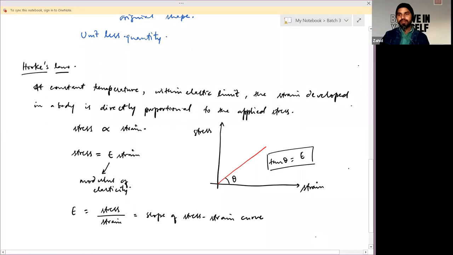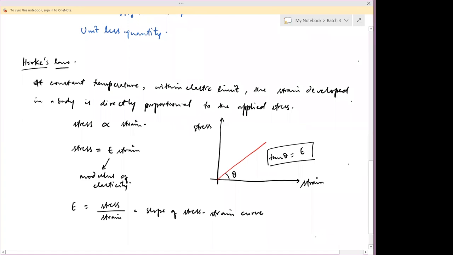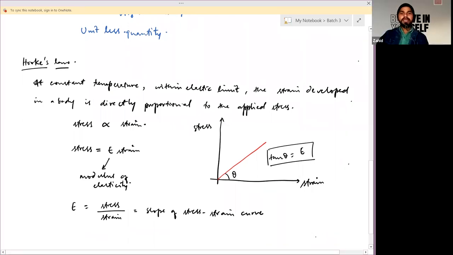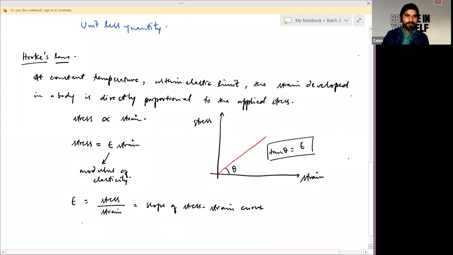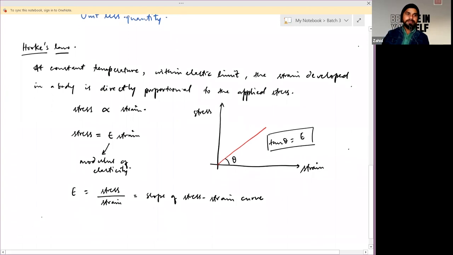Now, what are the factors on which this modulus of elasticity would depend? First, it will depend upon temperature, and second, the nature of material. It will be independent of the dimension of the body. This modulus of elasticity simply defines the elastic behavior of a solid.